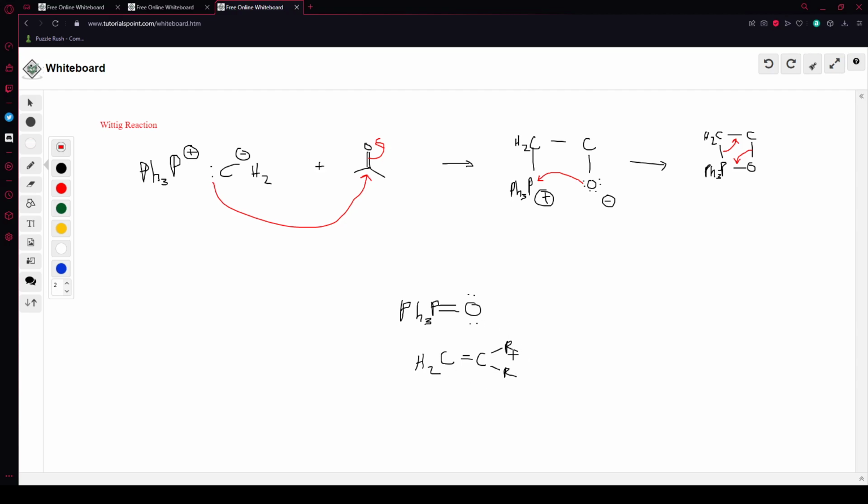So these are our R groups, and that's just because if we are attacking any carbonyl, we could have R groups on it, right? They could be bigger than just the CH3 that I have shown here.